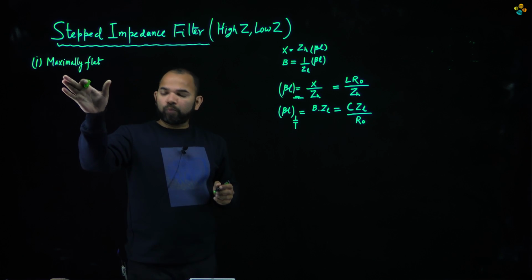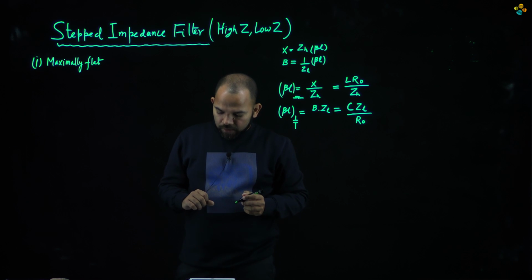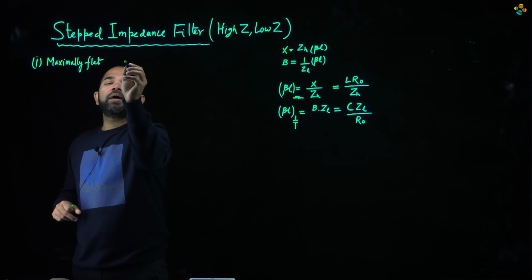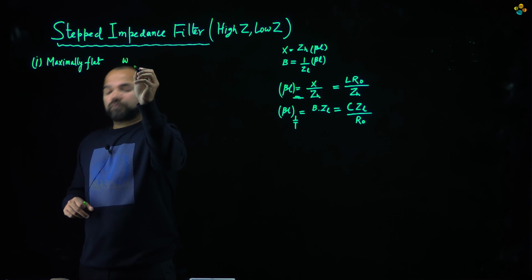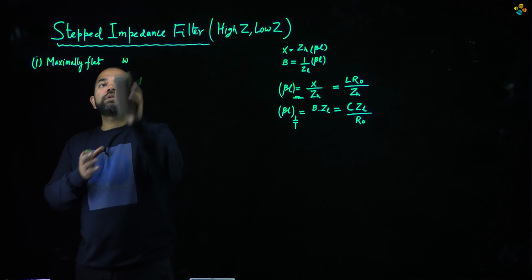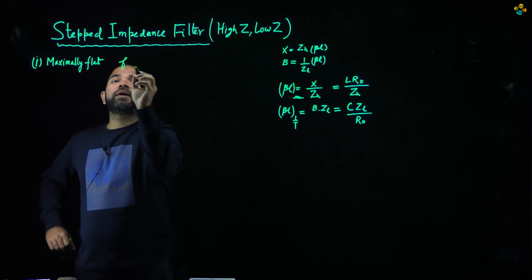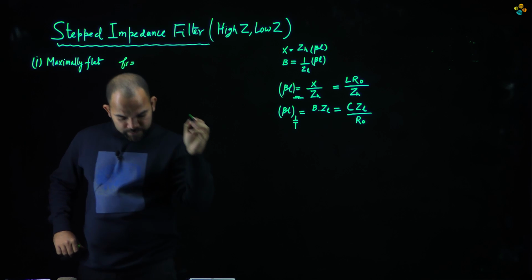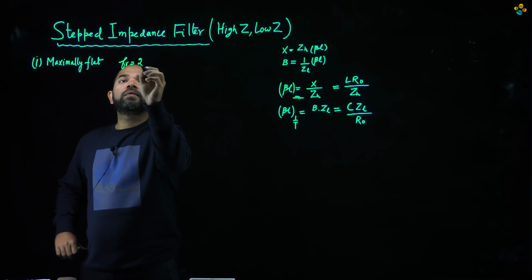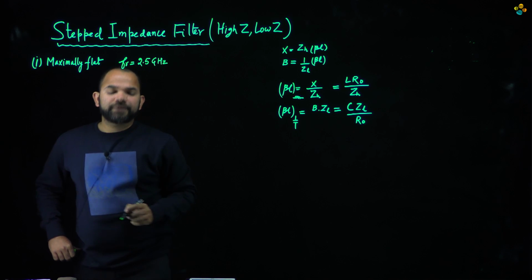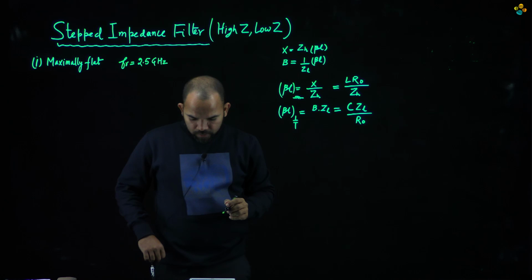So this is a Butterworth filter, and they have given a cutoff frequency of 2.5 gigahertz.